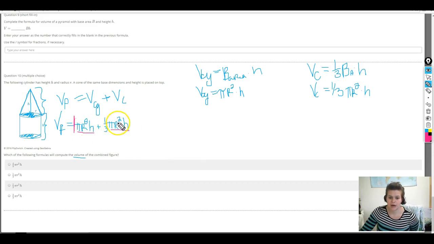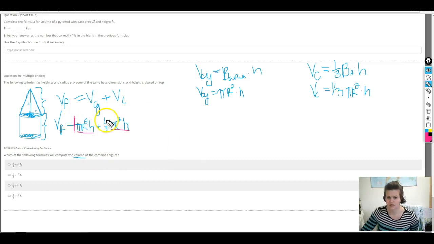So I can combine these terms because they have all of the same variables. Pi is not a variable, it's a number, but we can manipulate it like a variable.